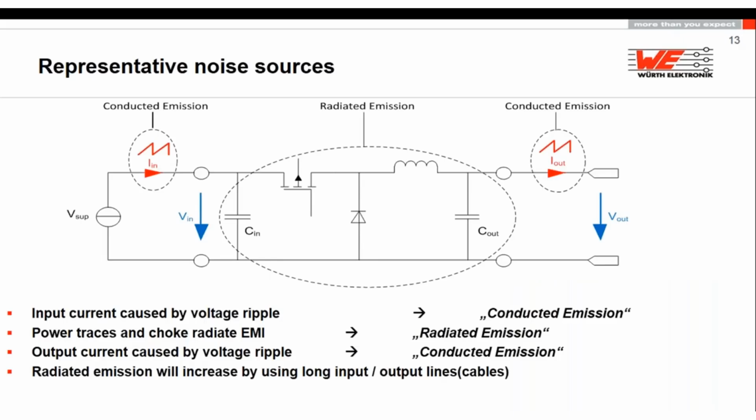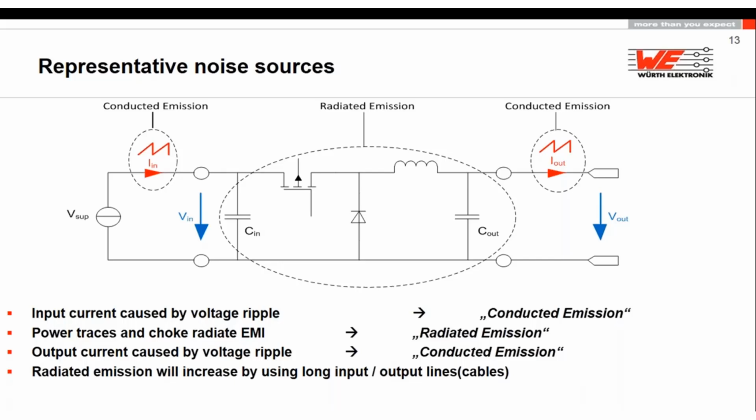Now, where are the EMI noise sources? Because you want to know who's responsible for this noise, who makes that noise. First of all, let me check a little bit what happens with the buck converter. A very simple buck converter takes current on the input, not continuously like a resistor. It will switch off and switch on.